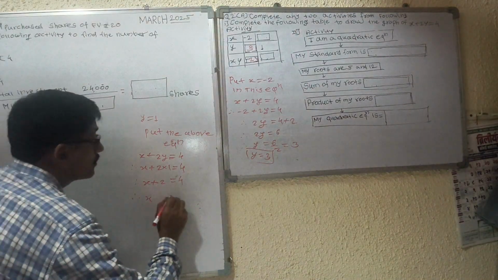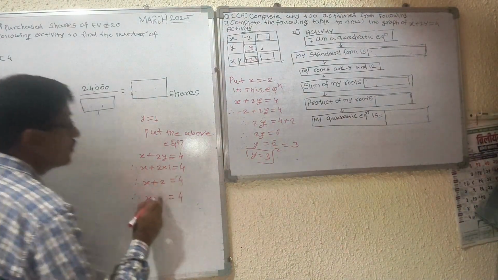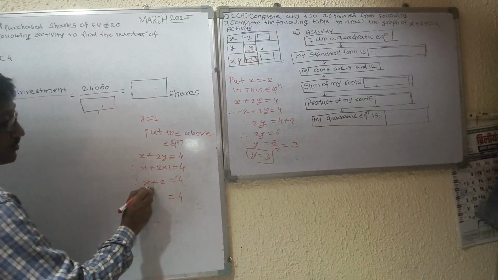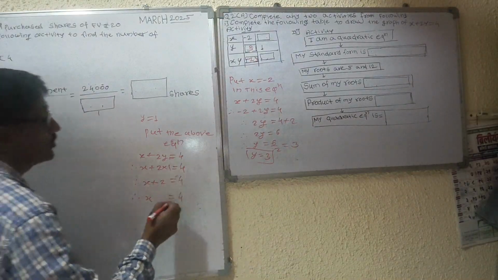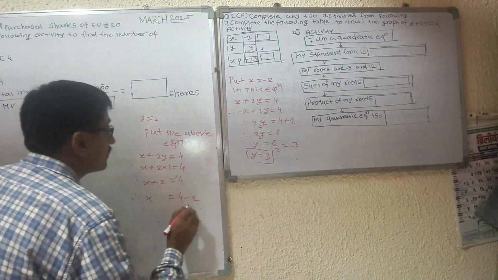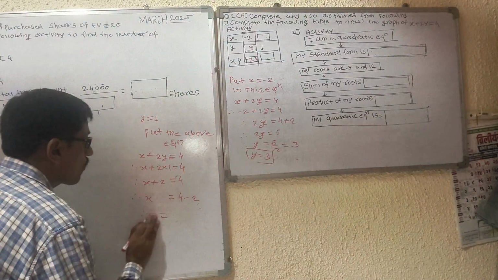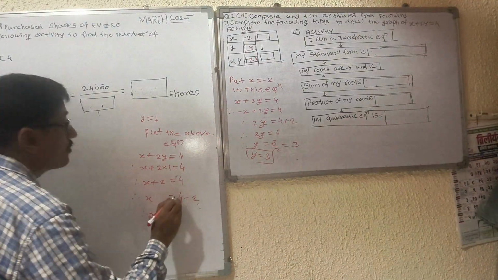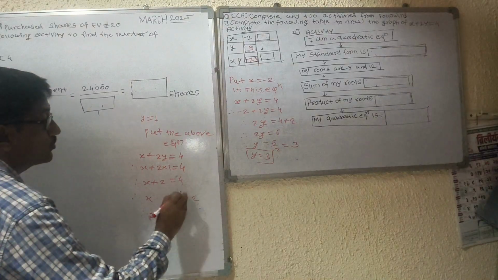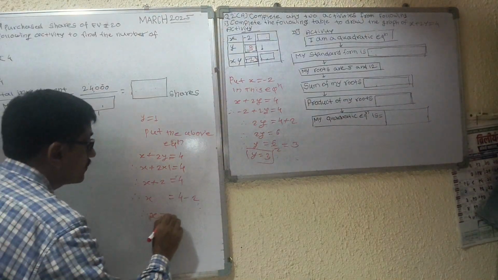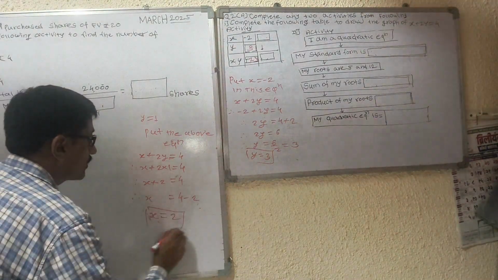Since x plus 2 is equal to 4, here 2 is plus, the inverse of plus is minus. Since x is equal to 4 minus 2, this subtraction is 2. We get the answer x is equal to 2.